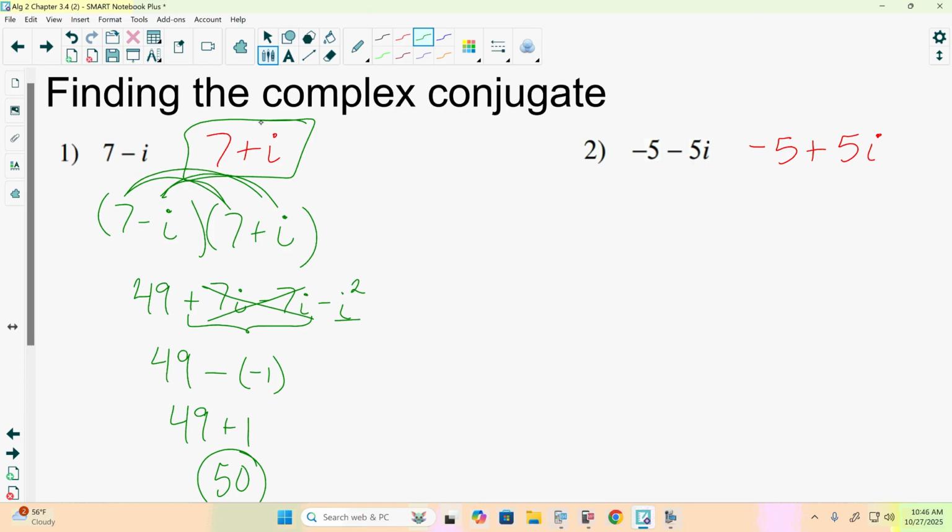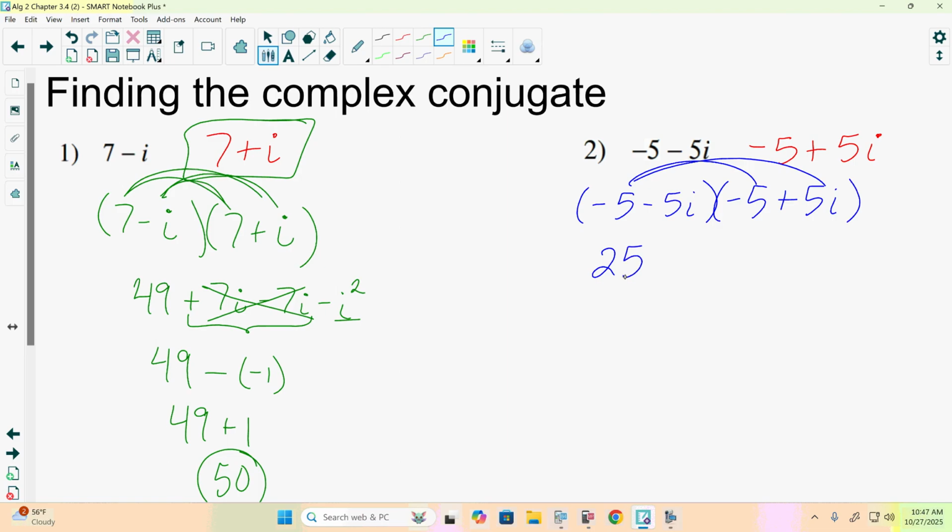The same thing would be true if we did this with negative 5 minus 5i and negative 5 plus 5i. Because if we multiply these together, negative 5 times negative 5 is going to be positive 25. Negative 5 times positive 5i is going to be negative 25i. Negative 5i times negative 5 is going to be positive 25i. And negative 5i times 5i is going to be negative 25i squared.